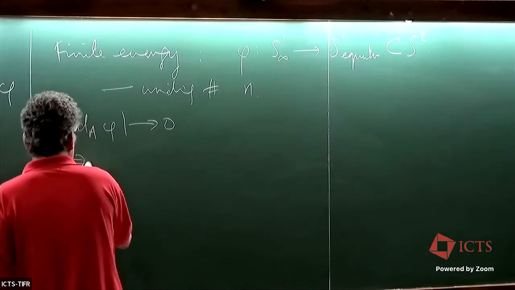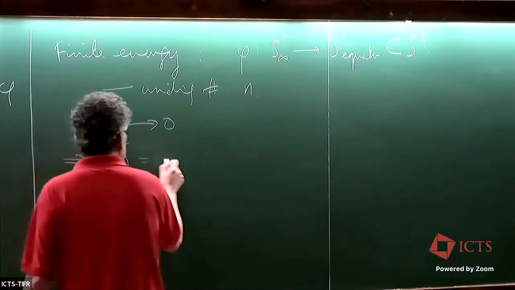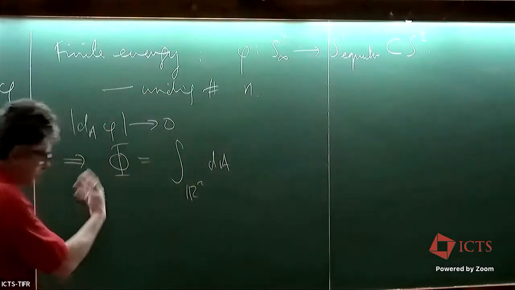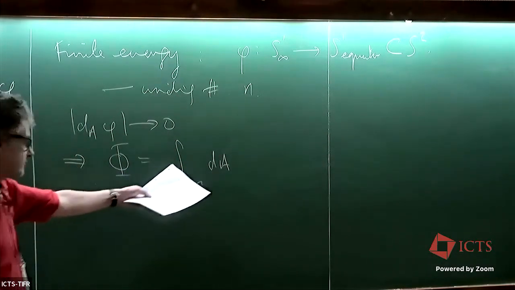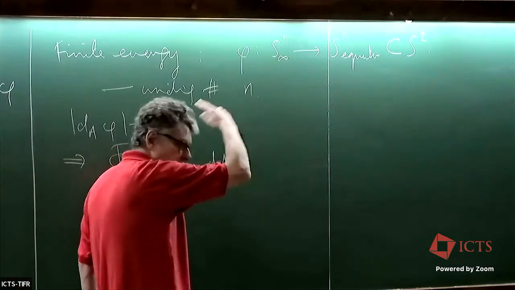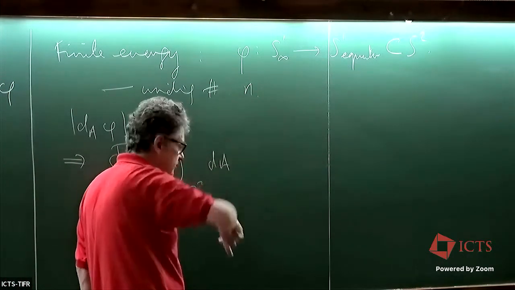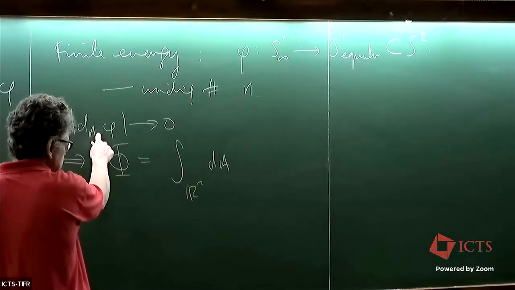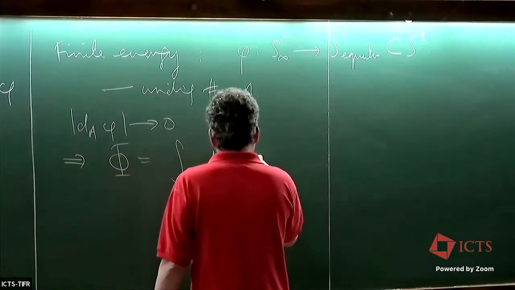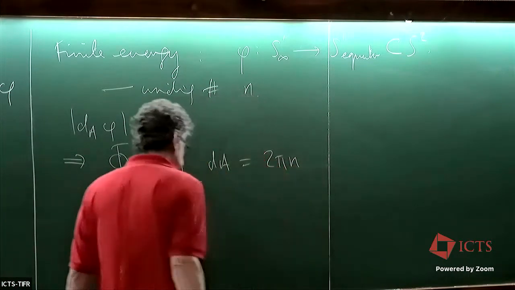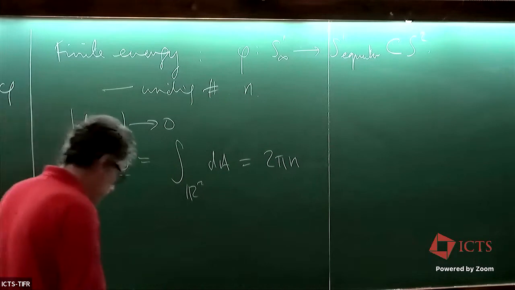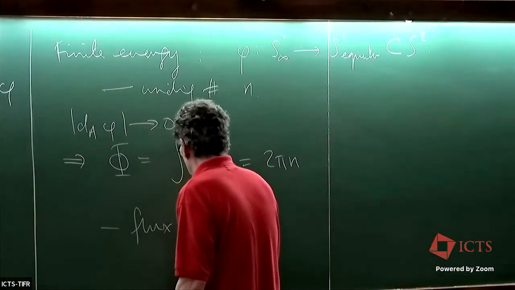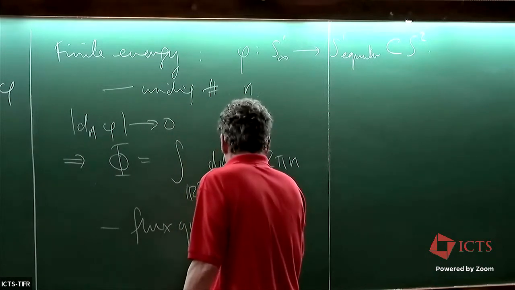It follows from that the total magnetic flux, you can use Stokes' theorem to rewrite that as the integral of A around the boundary, the circle at infinity, and then use this fact here, the fact that this quantity is vanishing on the boundary at infinity, to deduce that that's actually 2 pi n. Okay, so we have quantized magnetic flux, just as we did in the abelian Higgs model.